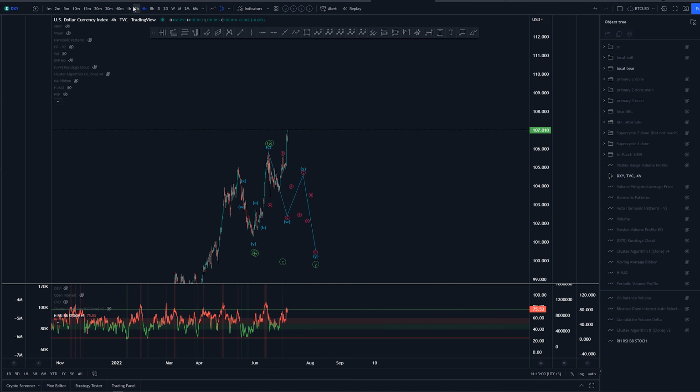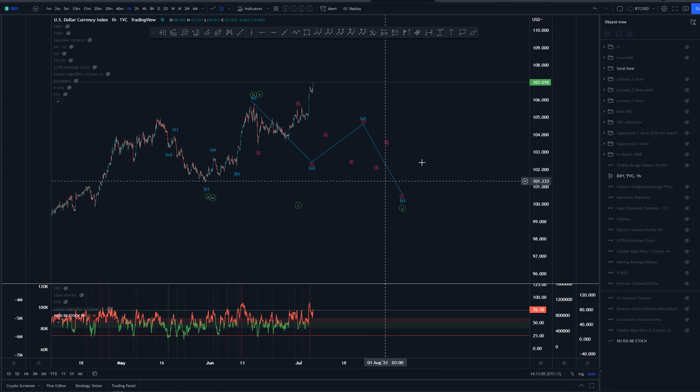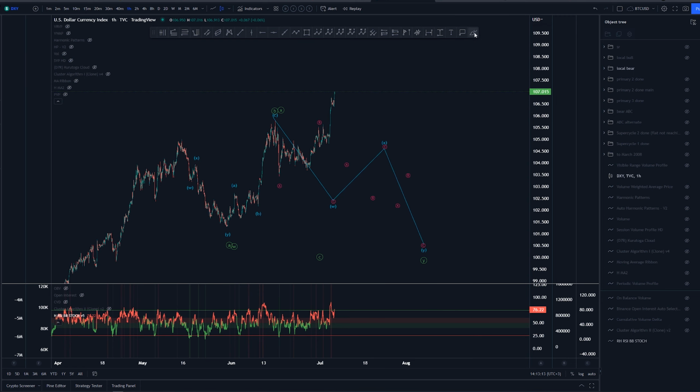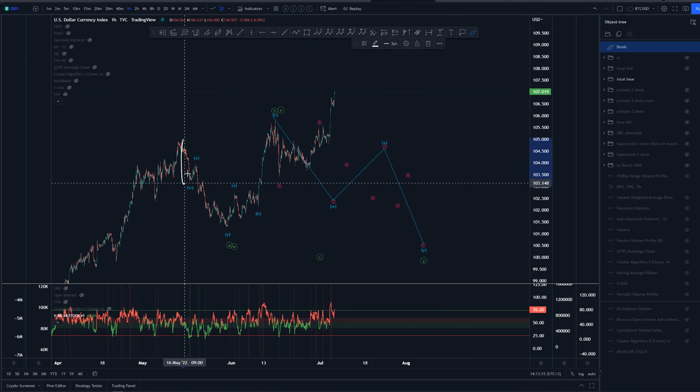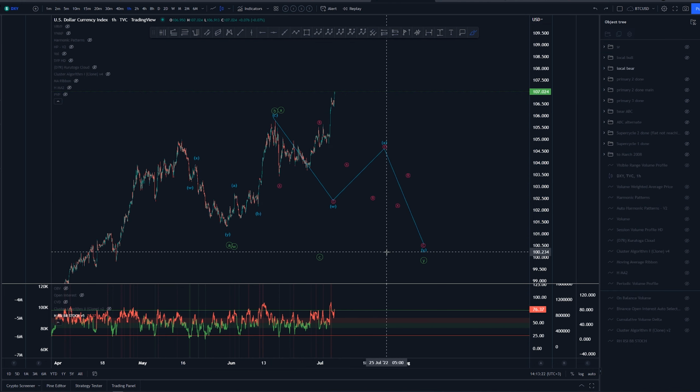Now on the lower time frame, we had taken a look at these structures before, and this was the bearish idea, in which I think we were around these areas when we were creating the last video. One of the scenarios was that we had a three-wave move, and then we would be expecting some kind of downwards movement.